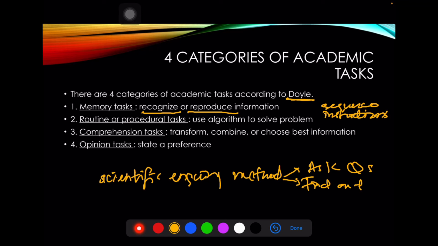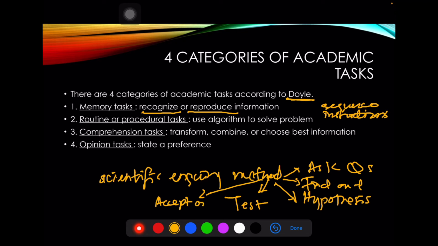Okay, by reading books or journals or articles about the question that you have, and then you create hypothesis or prediction, and after that you test, and after testing, okay, you will have to accept or deny, okay, or do not accept the hypothesis, and then you write your explanation.